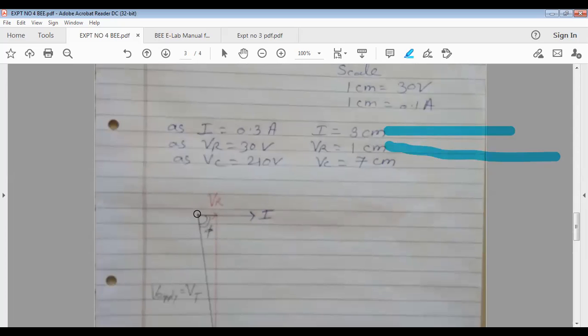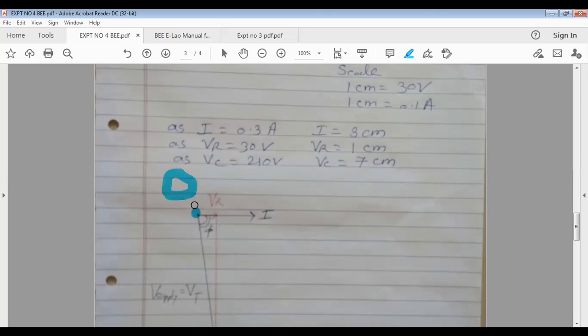Can everyone see here? VR is 1 centimeter and I is approximately drawn, not to scale. I is 3 centimeter, but you have to draw to scale, not approximately. Got it, everyone? The scale I have used is accurate, 1 centimeter and 3 centimeter. You have to measure these from the same common point O, the origin. I and V are measured from the same point O. Is this clear?